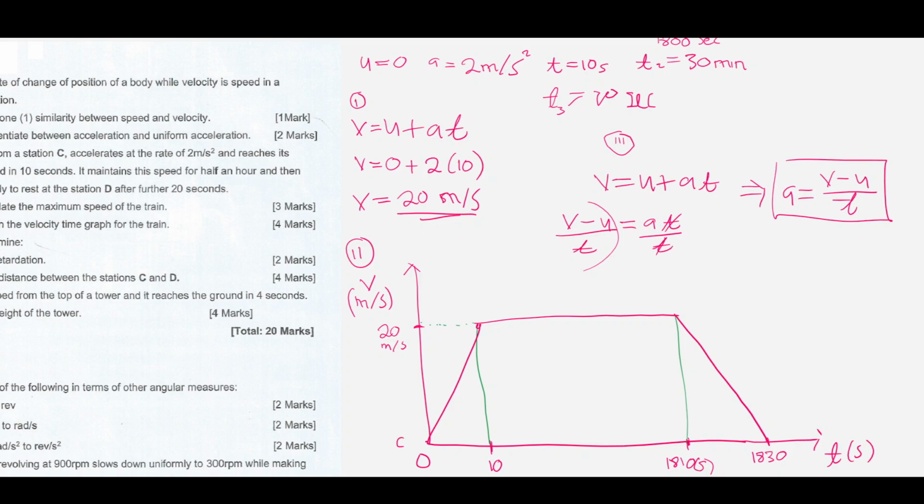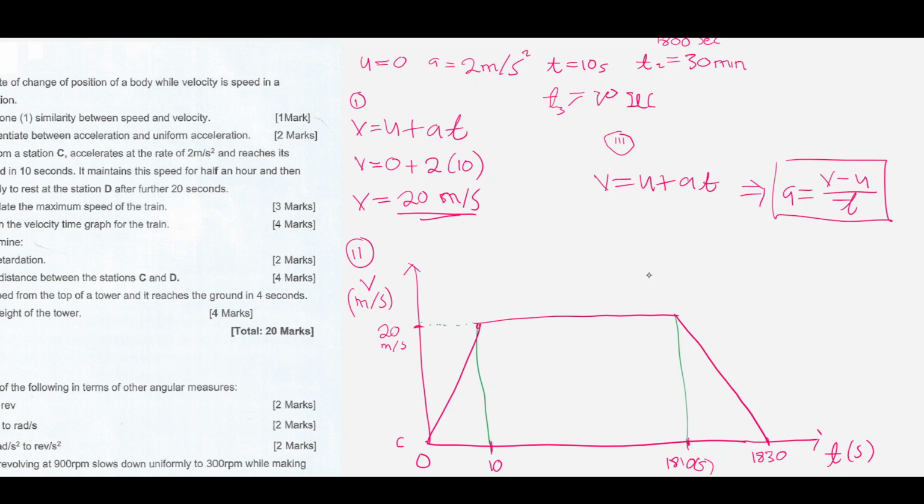Okay, now that you know that, we continue. So we have our v, which is 20, and then u is 0 there.